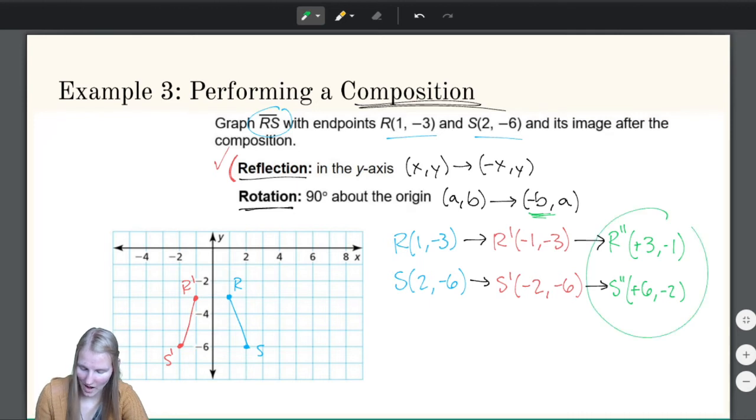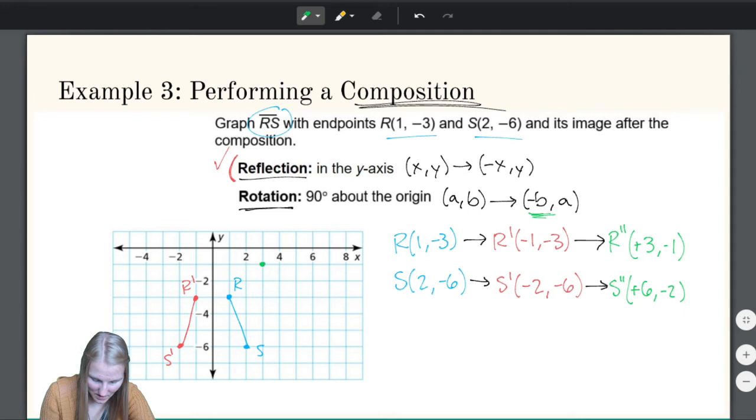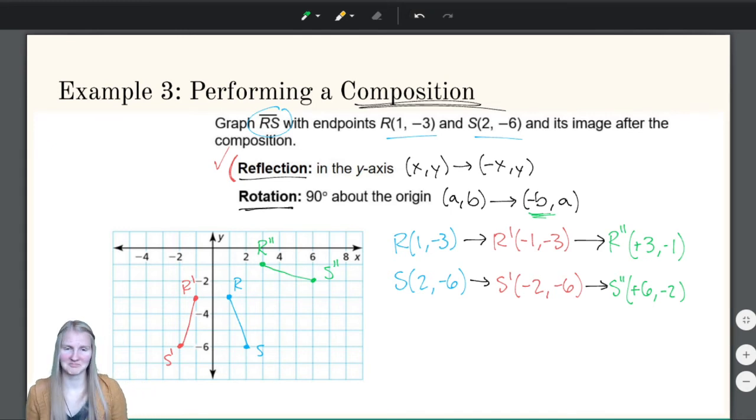Okay, and let's graph these points. R double prime is 3, -1. And S double prime is 6, -2. Let's try to make that line as straight as possible. Good enough.